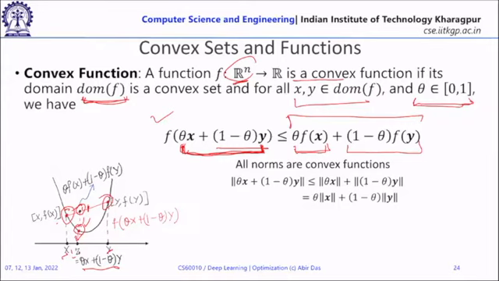Sir, in this equation, the thetas can be different, right? In the left hand side or right hand side? On the right hand side you have written theta, and on the left hand side also you have the parameter theta.